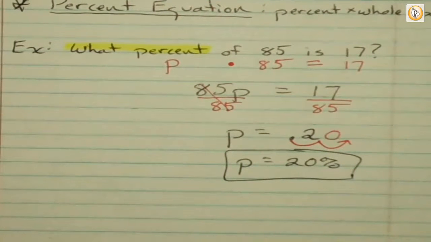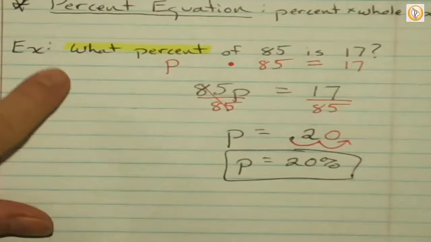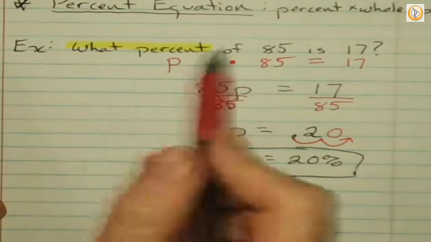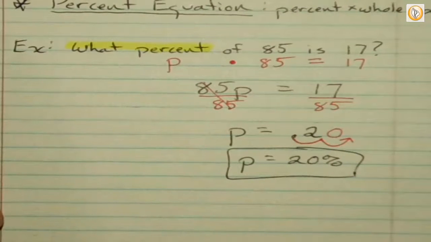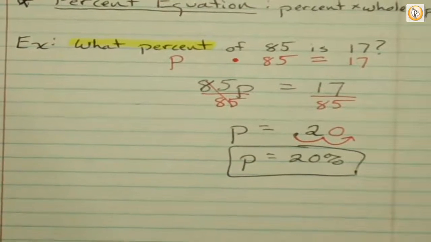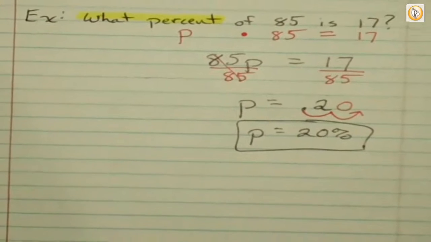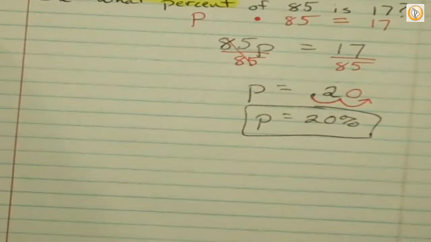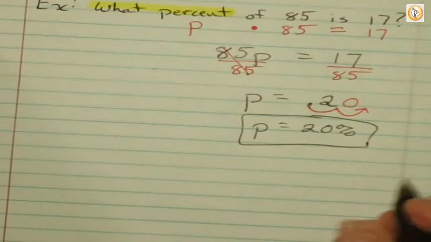My suggestion is to have a highlighter so that when you have these problems in your book and they're asking for a percent, you highlight that or underline it, so you remember to change it and don't get it wrong. Any questions? Does everyone have it down? Matthew, you got it down? All right, good.